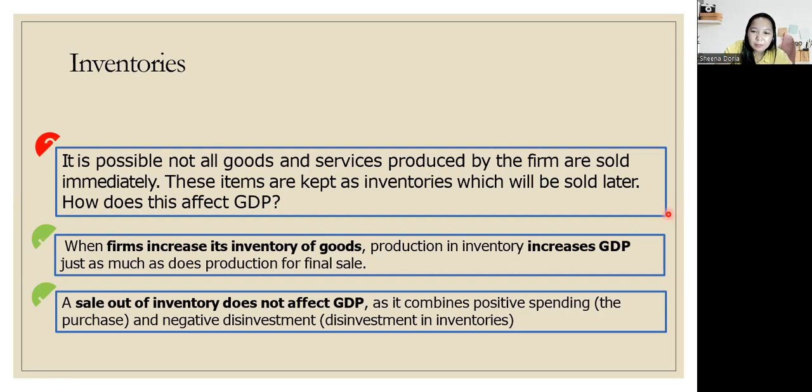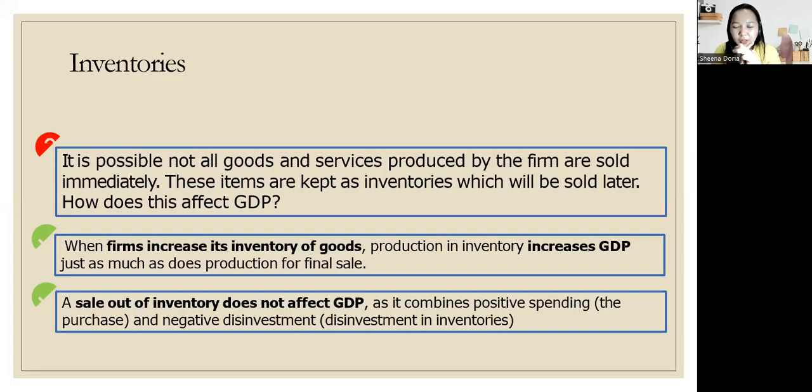Okay, what happens naman later when the firm sells the bread out of inventory? So case is much like the sale of a used good. There's spending by bread consumers, but there is inventory disinvestment by the firm. Okay? Paano naman kapag yung firm natin is binenta naman yung inventory?